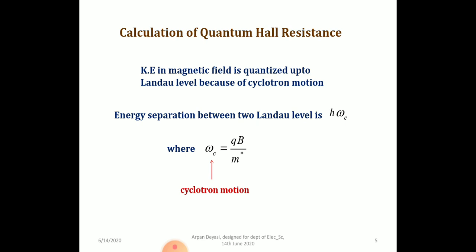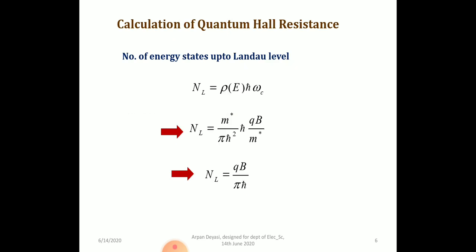So once we know the kinetic energy and the energy separation, how do we calculate the number of energy states? It should be the density of states multiplied by the total energy range. And what is my total energy range? Between two Landau levels, it is h cross omega c. And my density of states is rho. And what is the value of rho?